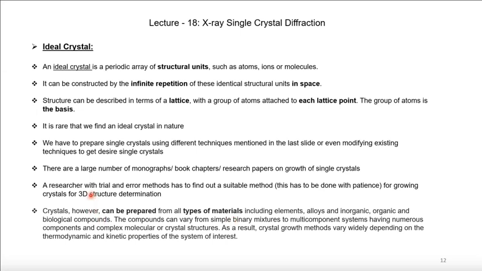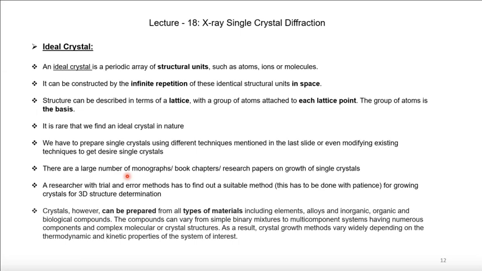We said there are a large number of monographs, books, and chapters where we will find how to grow a single crystal in a particular system. We are lucky that since single crystals are very difficult to get, powder analysis gives us good information about the materials.